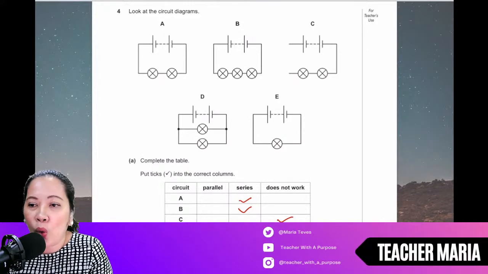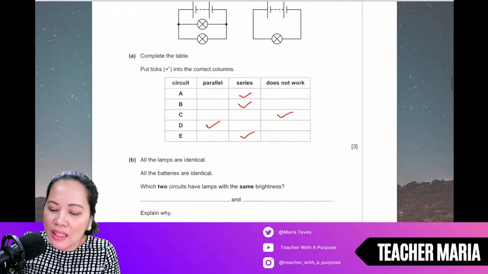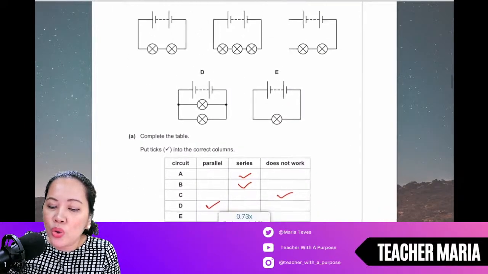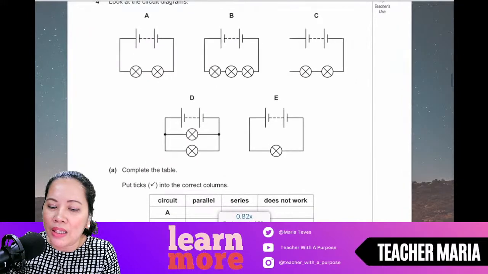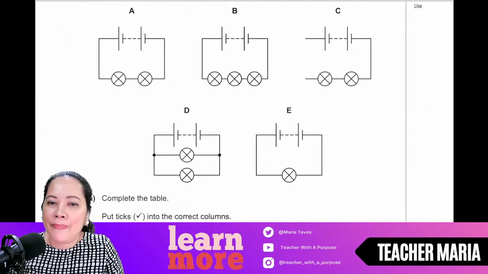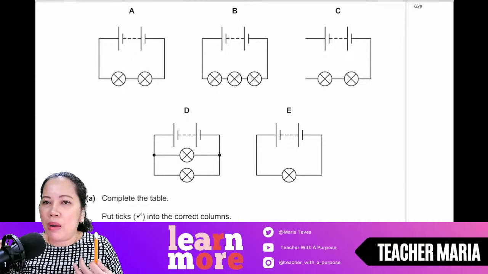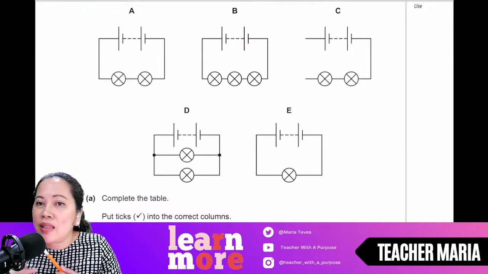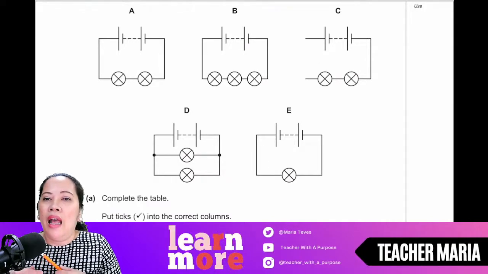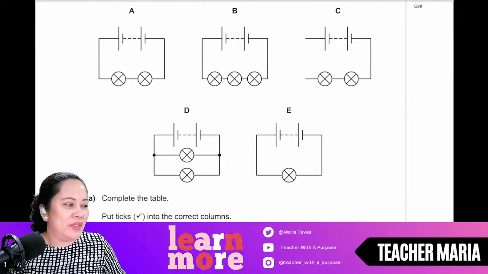Which of these two circuits will have the same brightness? When you answer this question, you have to remember the voltage, okay, because it says same brightness, and your PD.